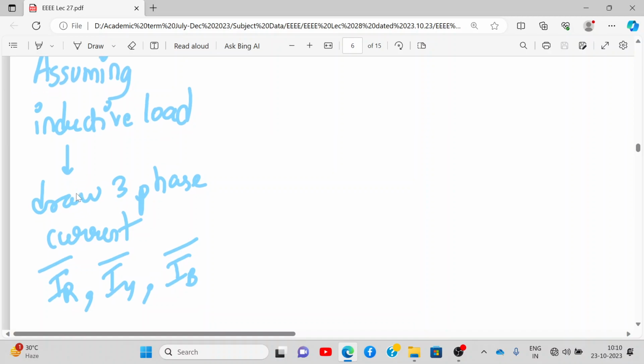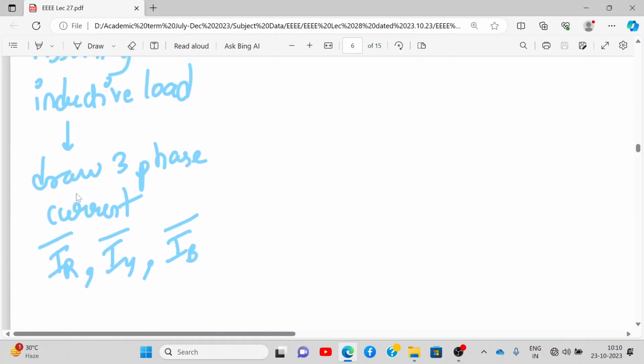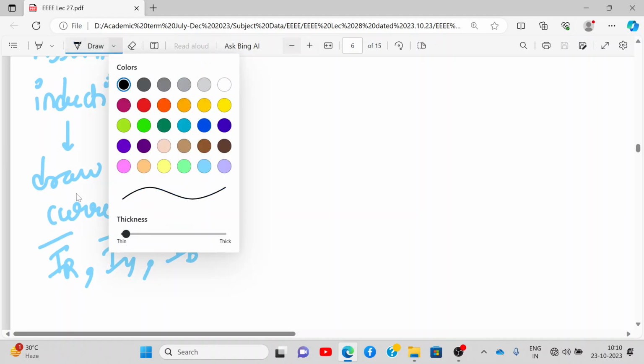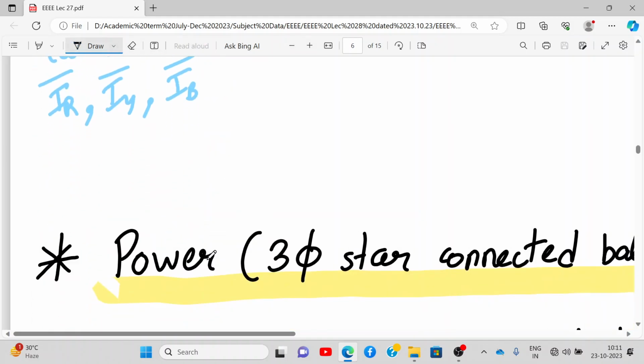We are using an inductive load, so that means the three-phase balanced star-connected load is like this. I'm just explaining that it's an inductive load.